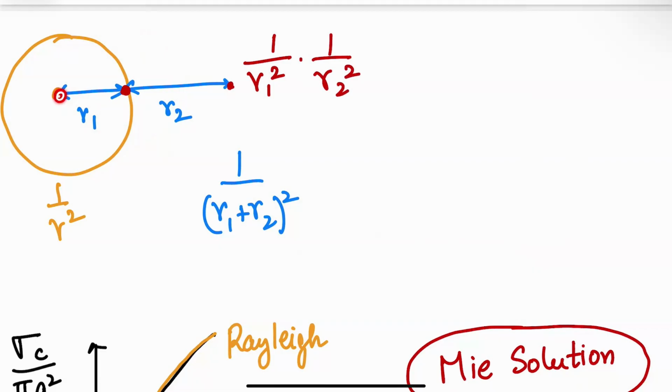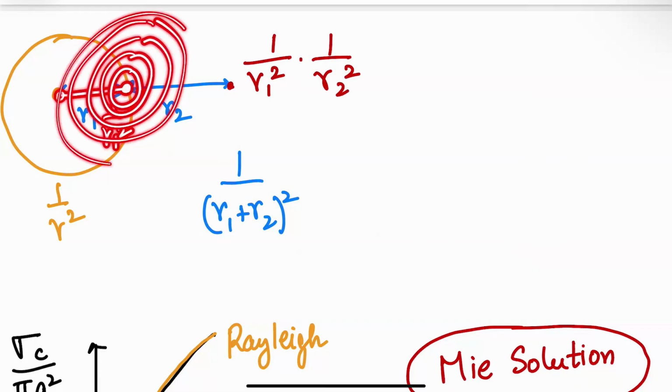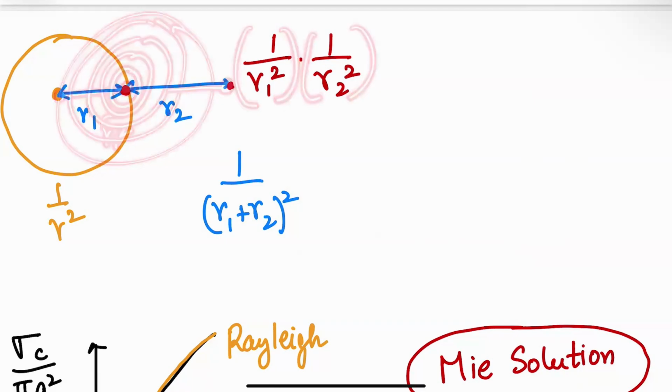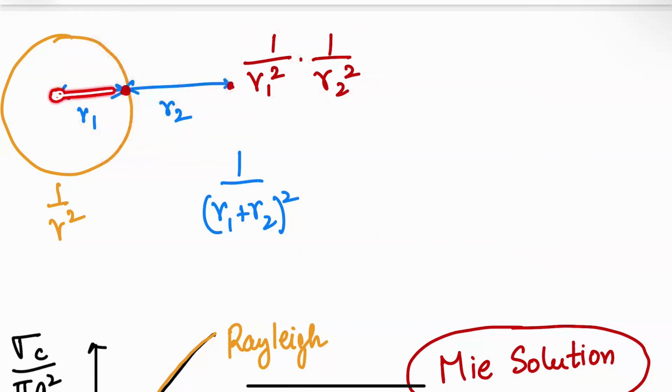Because by the time this reached here, it became 1 over r1 square. And then from here again, it got distributed spherically over a surface. So by the time that reached there, it would be 1 over r1 square times 1 over r2 square. Whereas the original radiation that reached here was just 1 over r1 plus r2 square. Okay, so subsequent scattering always will lead to higher decays as a function of distance.